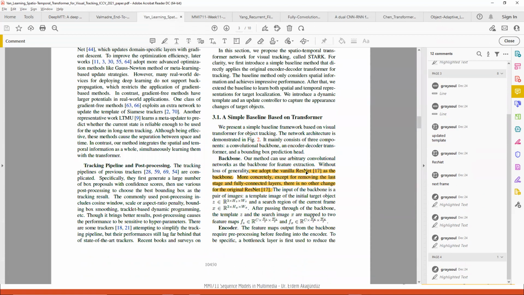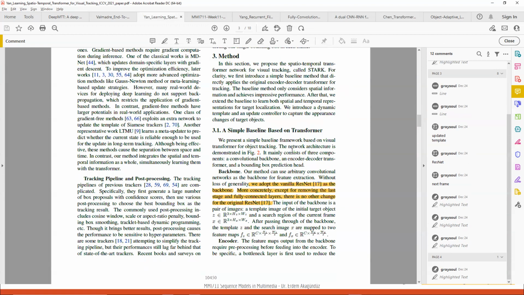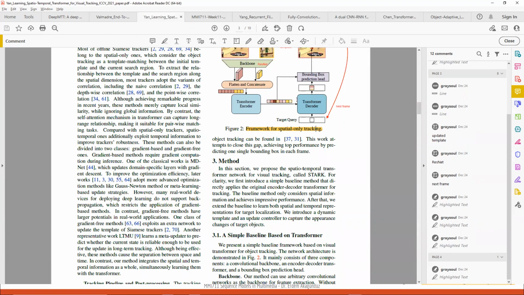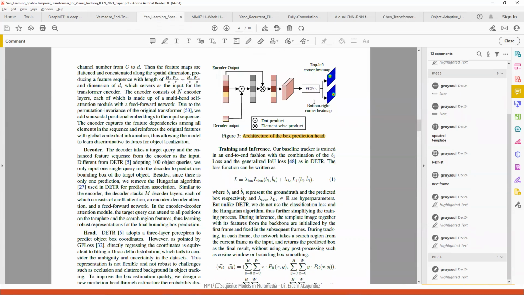They adopt a vanilla ResNet for the backbone. More concretely, except for removing the last stage of fully connected layers, there's no other change to the original ResNet. And there's this box prediction head, the bounding box prediction head, where the transformer outputs a value, and that value is used to create a heat map of the target.